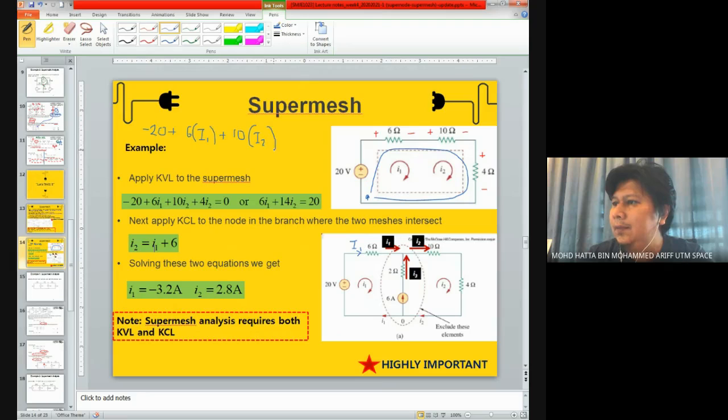Looking at this resistor, it's over here, so the current flowing through the resistor is considered as I2, and plus 4 times also I2, because the current over here is I2, and equals 0.